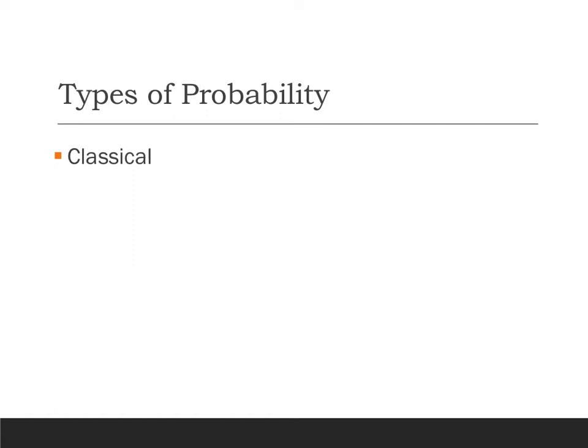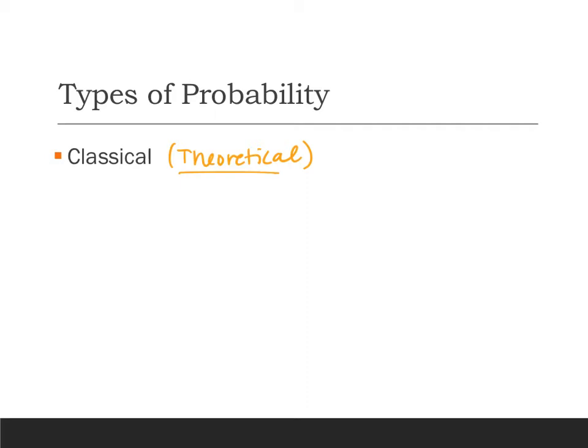With our classical probability, which I tried to type in the notes, but I will a lot of times end up calling this theoretical probability. Just because that's the way I learned it, I didn't learn it with the term classical. I'll try to use classical just to be consistent. But in this case, try to remember that theoretical and classical mean the same thing.